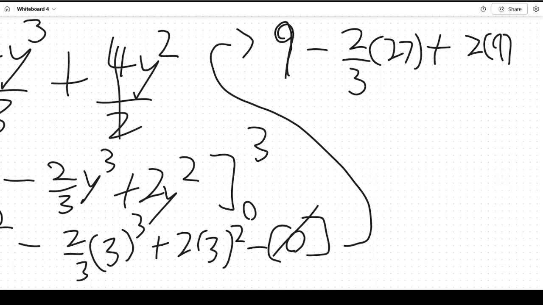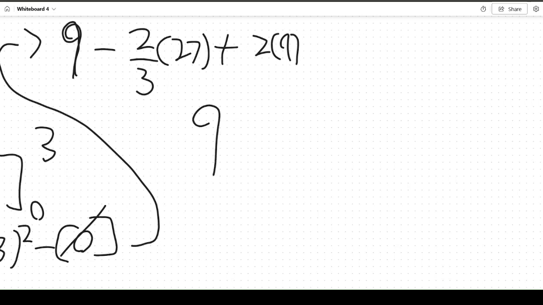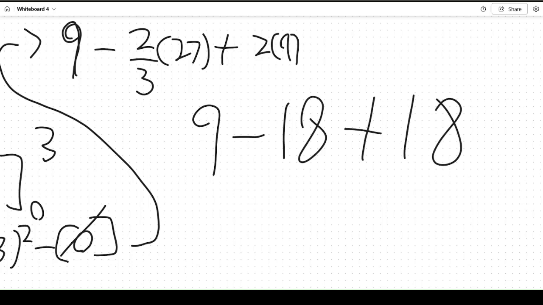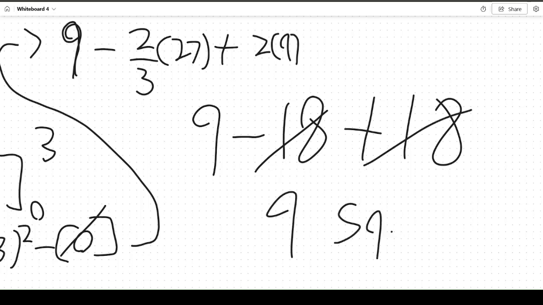So we'll be left with negative 18 cancels out with 18. We are left with 9 square units.